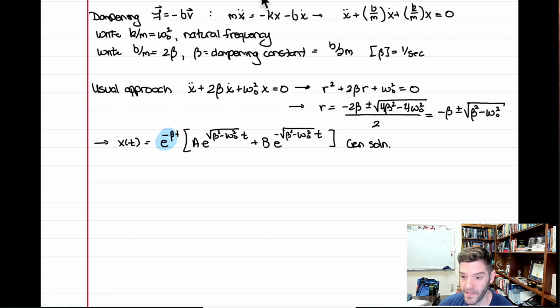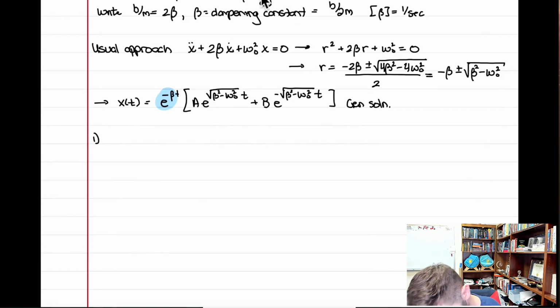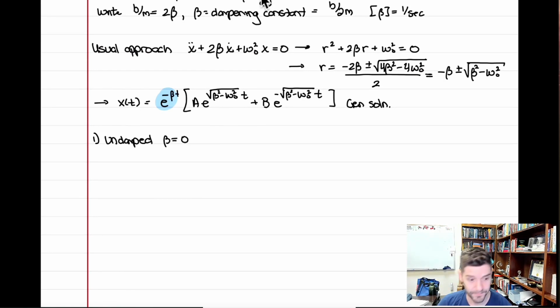But again, we can break these into certain cases, depending on the value of beta. Well, there's undamped, which we've already solved. And that's the case when beta equals 0. In that case, x of t is just e to the 0, which is 1. So the square root thing just becomes omega naught.